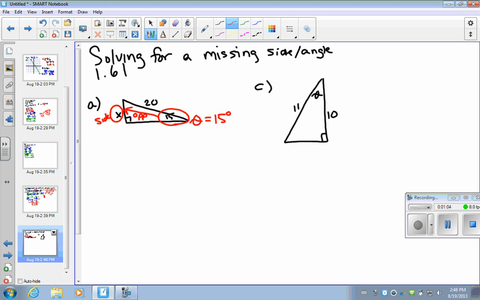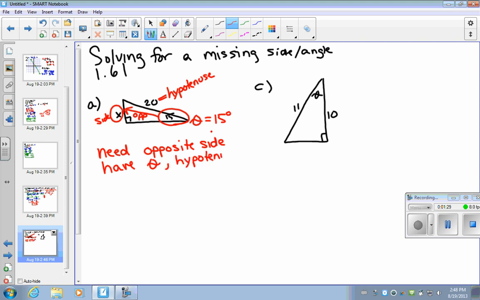I also have the hypotenuse. So I need the opposite side. I have the angle and the hypotenuse.